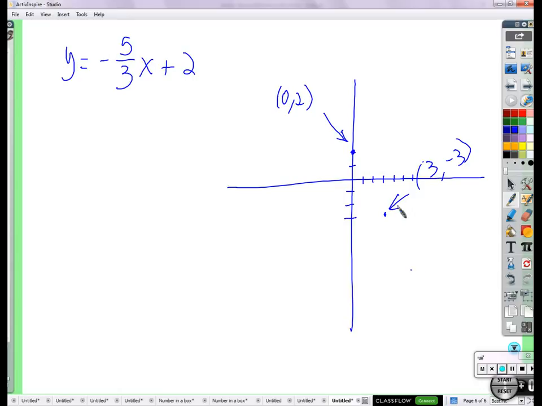So I can just keep going: over 3, down 5 more, over 3 again, down 5, over 3, and down 5. Because every time I go over 3 more, this number is going to be the next multiple of 5. I can start at 2 and move down 5, down 10, down 15, or I could just go over 3 and down 5.